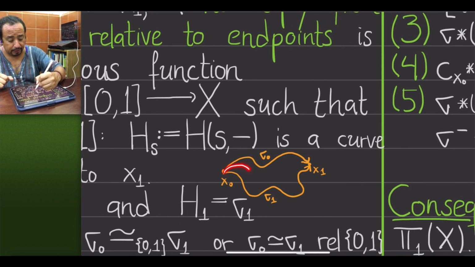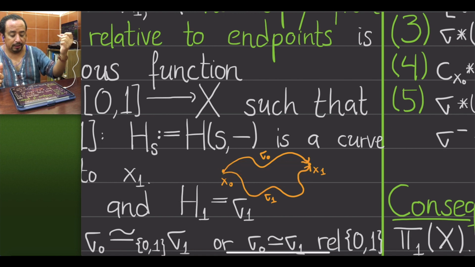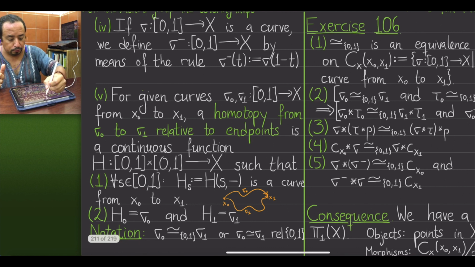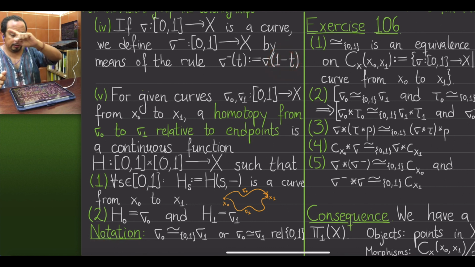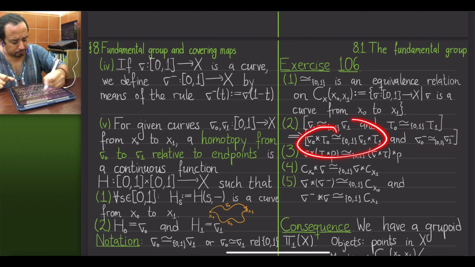So if I have my deformation, then that deformation also works for sigma naught minus and sigma 1 minus, up to sending t to 1 minus t. So this other property should also be expected.